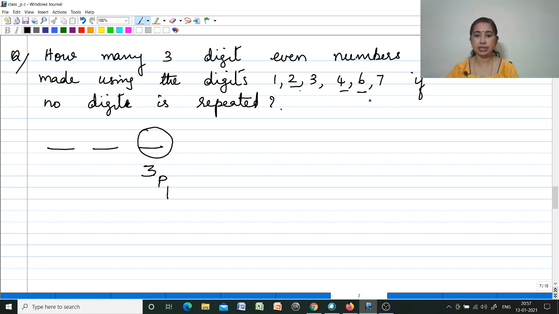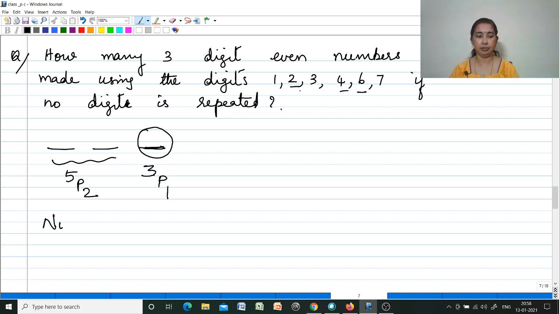Now out of these 6, 1 is already allotted here. Since repetition is not allowed, remaining 5. From the 5 we can select only 2, and it can be selected in 5P2 different ways.